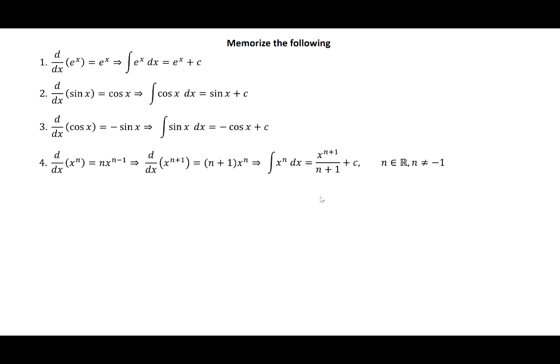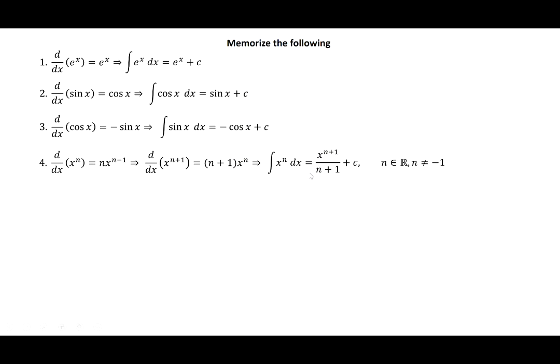Would you agree? So if the derivative of natural log of x is 1 over x, the integral of 1 over x must be natural log of x plus c. In fact, we will say natural log of absolute value of x plus c. So for that special case where n equals -1, we do not have this form of result at all.